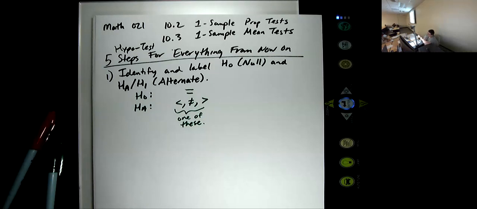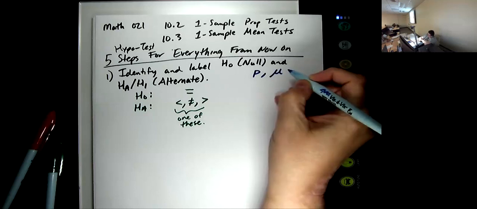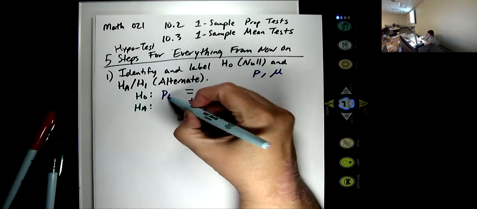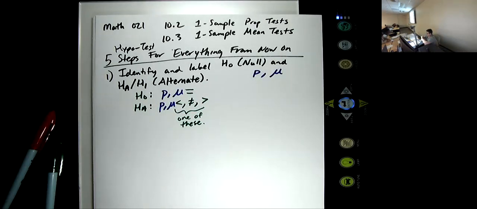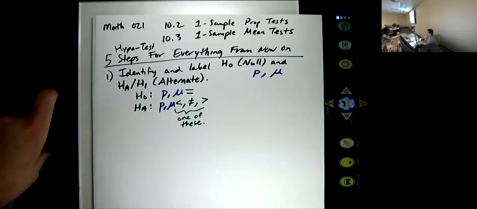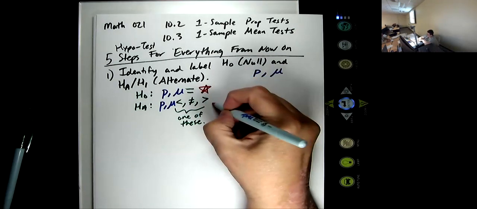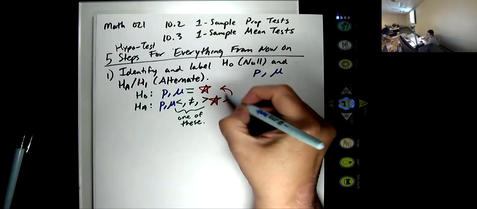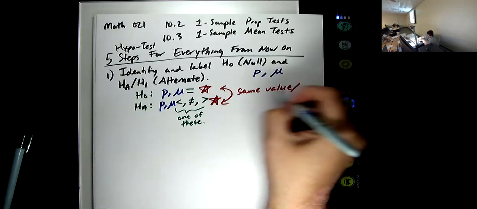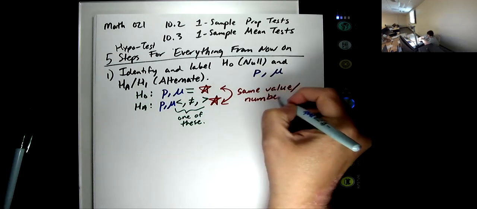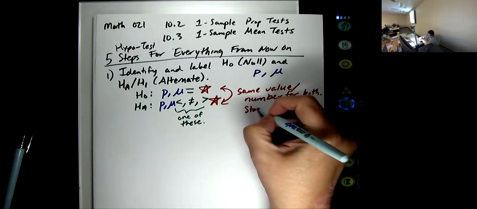In Chapter 10, we're doing a one proportion test, and we're looking at a means test. So those are the things that we could fill in on the left side. For now. On the right side, we're going to have a number, and it needs to be the same value for both of them. StatCrunch will make sure you do it that way.